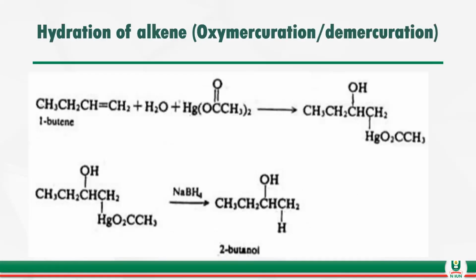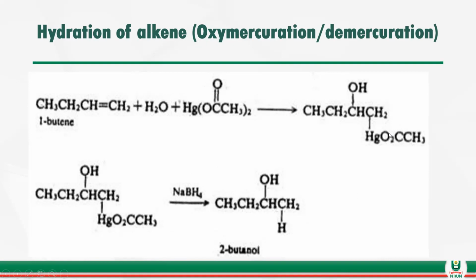Hydration of alkene, remember we said there are two processes. Either you use water and H2SO4 or you use water and mercuric acetate. When you are using mercury, it is called oxymercuration-demercuration. So this is our alkene and water molecule.